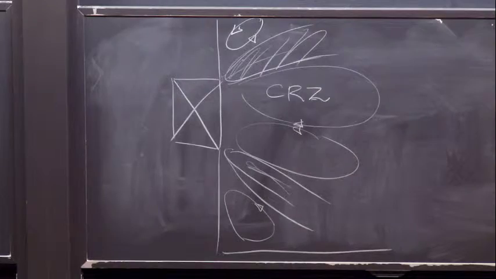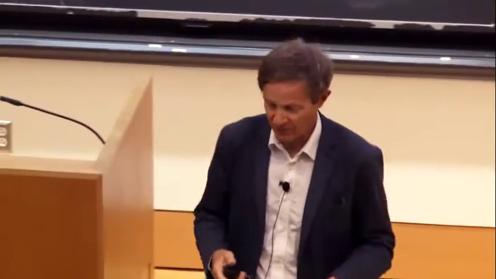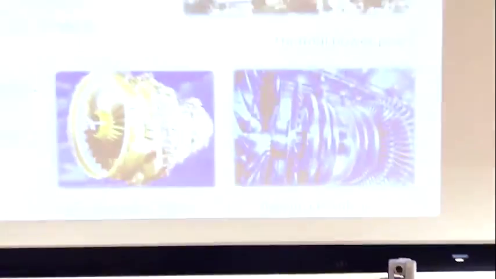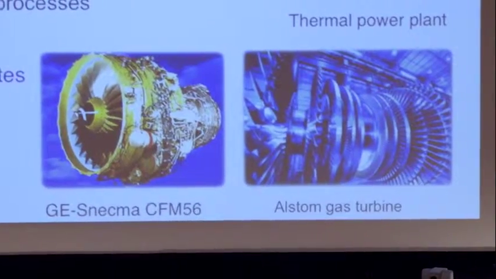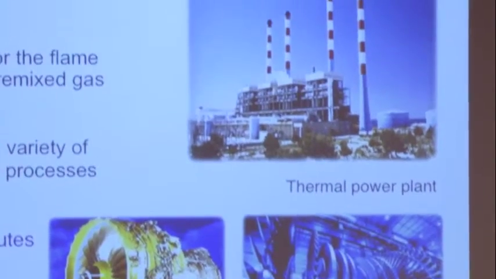So the principle of the swirling flows is to be able to stabilize the flame aerodynamically. You want the flame to be there all the time, and this is used in aircraft engines, in gas turbines, in power plants. So the dynamics of these flames is a central issue in many applications.